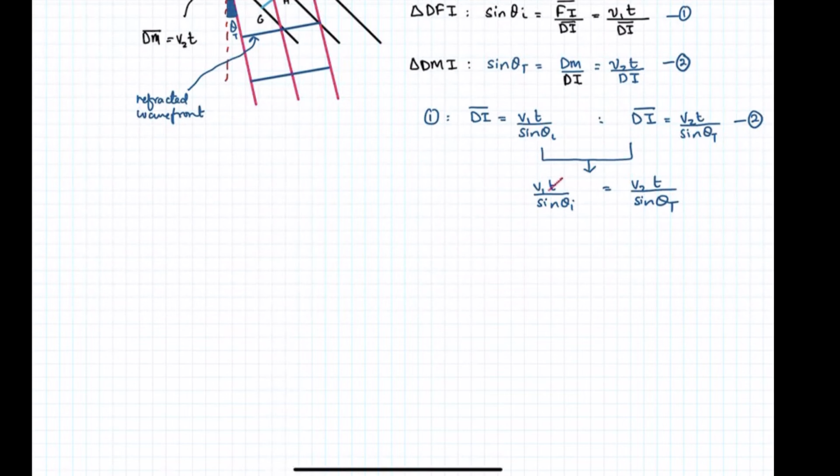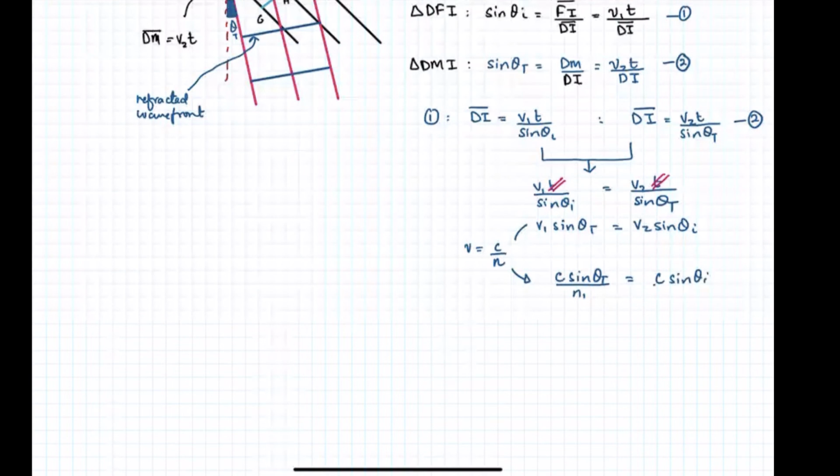This means since the times are the same, they will go away. And what am I left with? v1 sine theta t equal v2 sine theta I. And since v equals c over n, I can replace this as c sine of theta t over n1 equals c sine of theta 1 over n2.